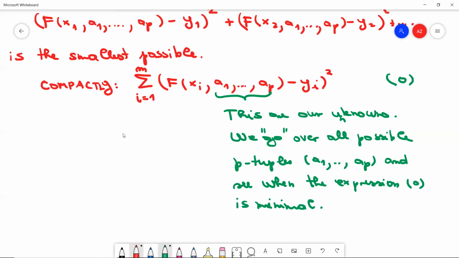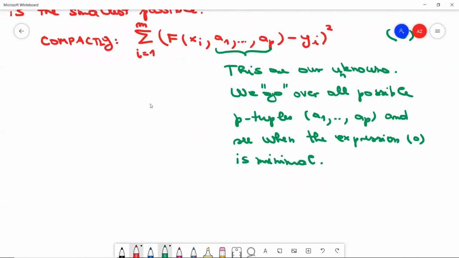This is still a general situation. We have not specified that the model is linear by now. So the same setting would be true for the nonlinear setting and for the linear setting. But what does it mean that we are searching for the linear model? This refers to this function f. This function f is a function of a1 up to ap and those points xi, which are given, and it's linear in those parameters a1 up to ap.